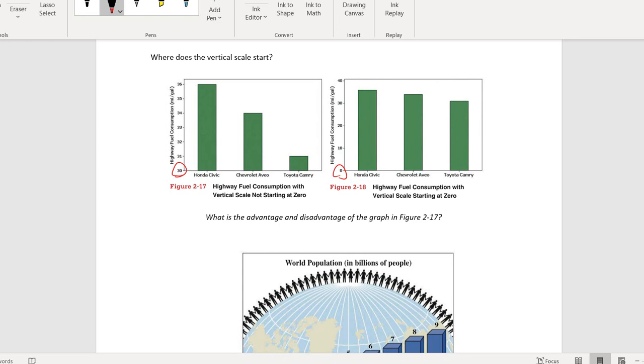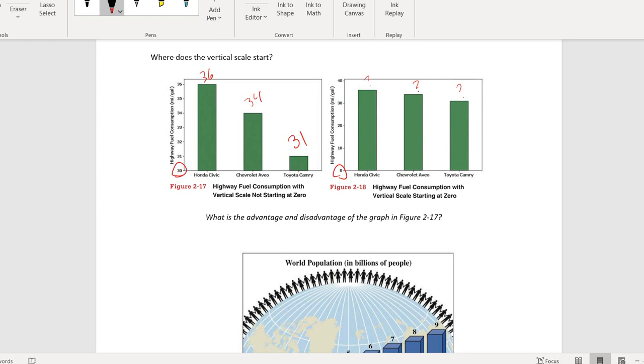Now, both of them have advantages and disadvantages. The one on the left is a little bit easier to see the exact amounts. So for example, I can see that this car gets 36, 34, and 31 miles per gallon. Whereas if I was looking at this one, I wouldn't be exactly sure.